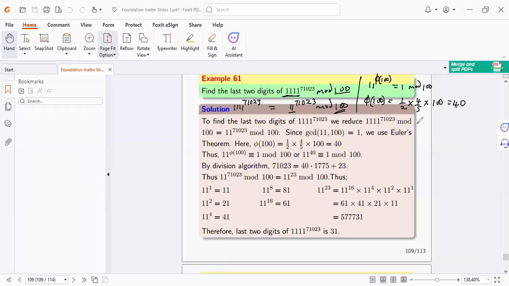We are there, so we continue from here. We then know that 11 raised to 40 would give us 1 mod 100. But what we are given is 11 raised to this number. So division algorithm says what? I write this number using the division algorithm.